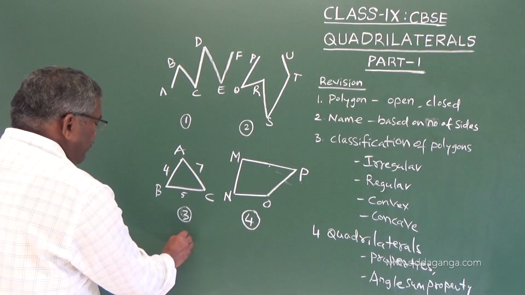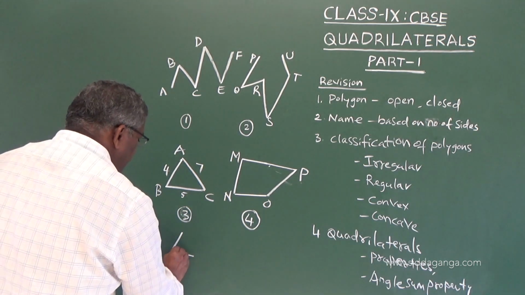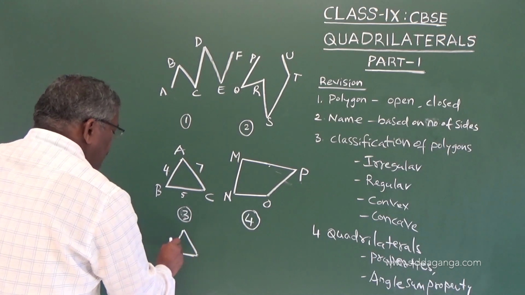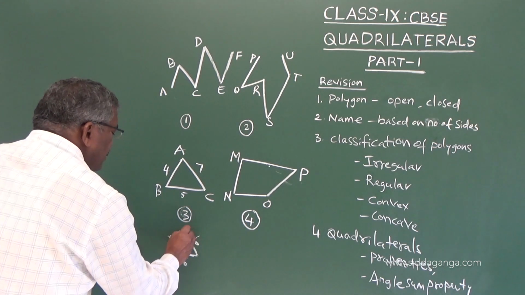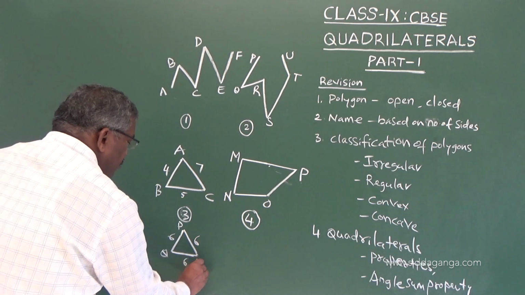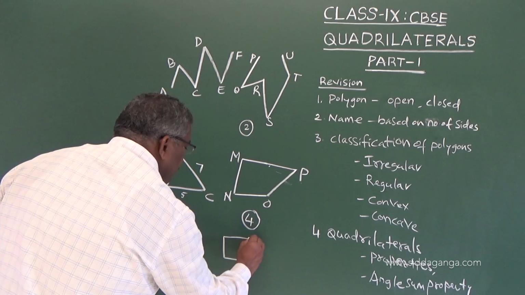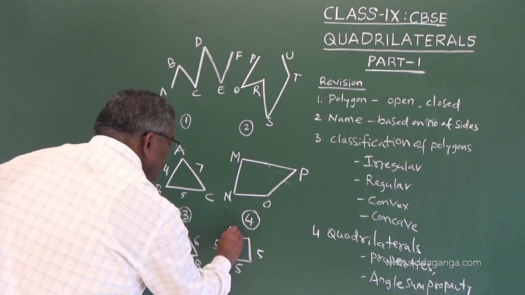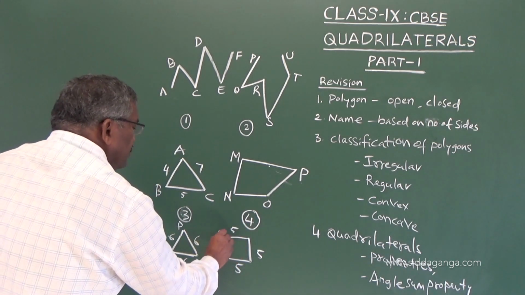Suppose if we have a triangle of equal length, say 6 centimeter, 6 centimeter, 6 centimeter, say this is PQR, or if you take up a square with 5 centimeter, 5 centimeter, 5 centimeter, 5 centimeter, this is PQRS.